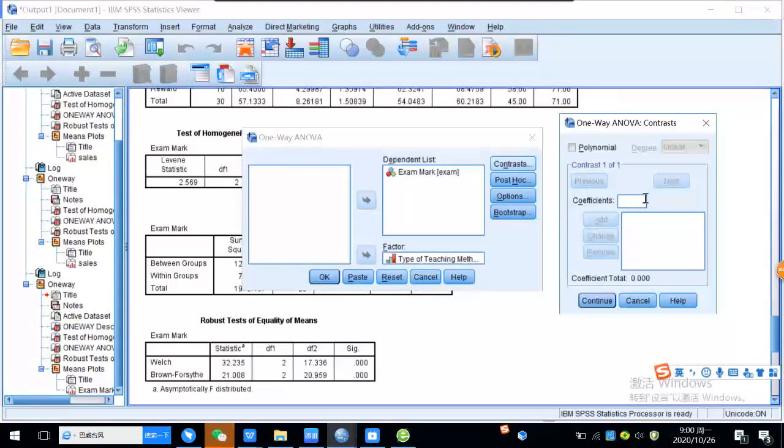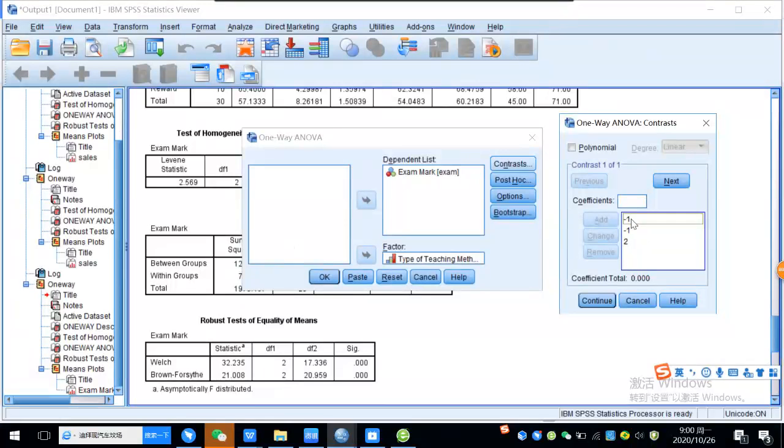So here 1 is punishment, minus 1. The second level is the indifference, so here is also minus 1. The third is the reward, it's 2.